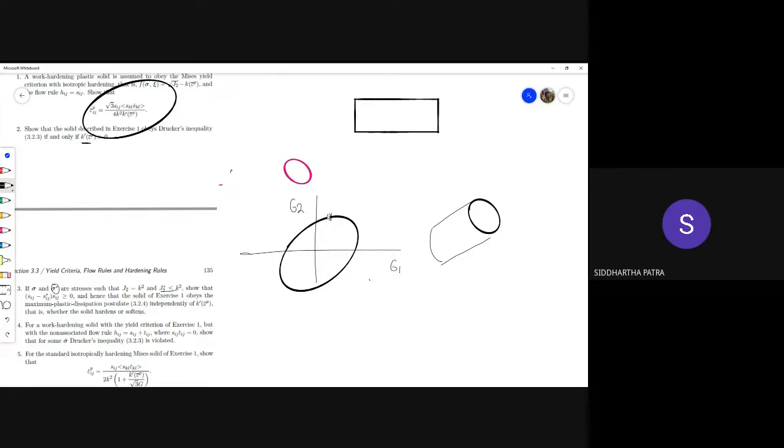Let's say this is where your stress state is sigma, and this one is your sigma star. Show that the inner product of S minus S star with S is greater than 0.